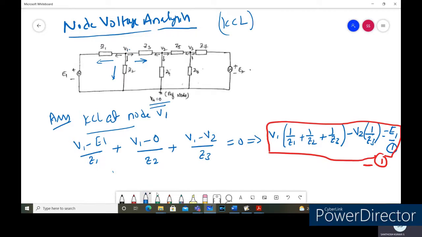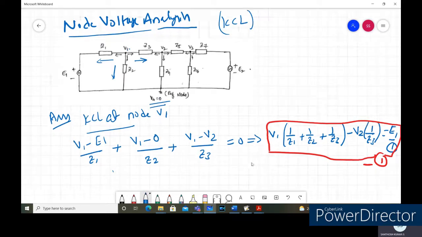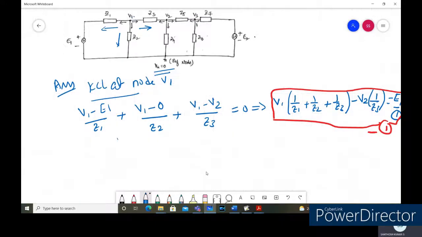Now similarly, let us apply Kirchhoff's current law for node 2. We will apply KCL at all the nodes and find the respective node voltage expressions in terms of V1, V2, V3. Here at node V2, we again assume that all the currents are leaving the node.